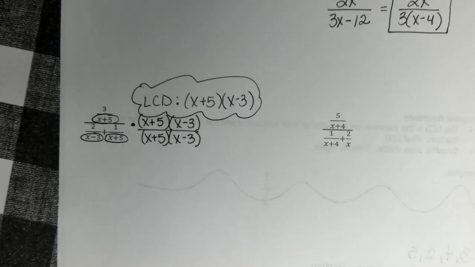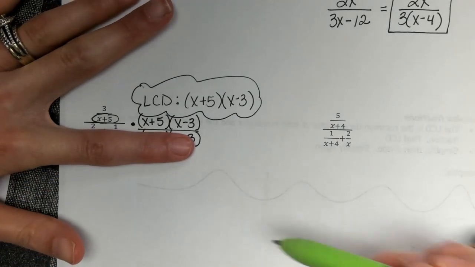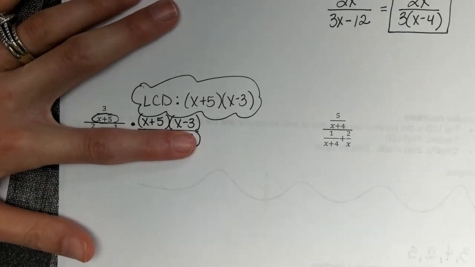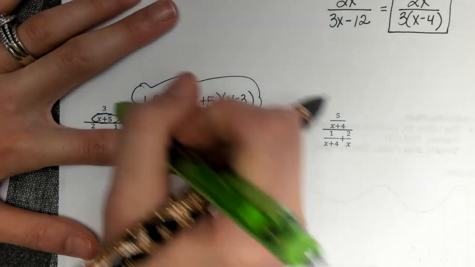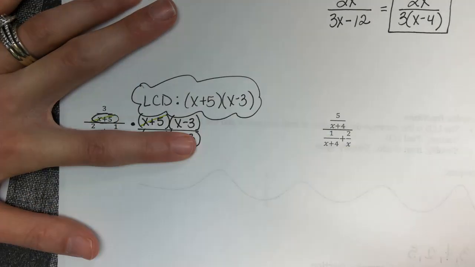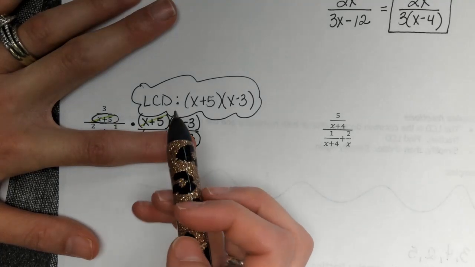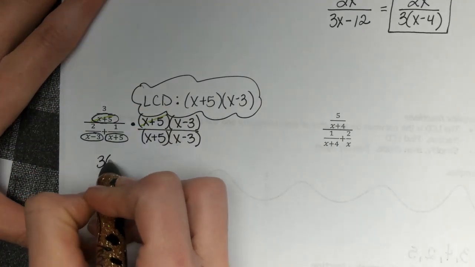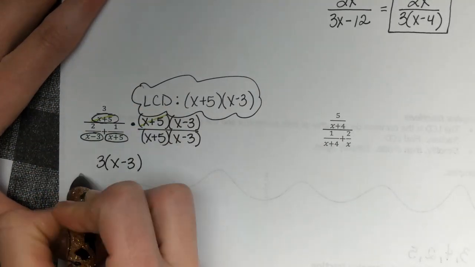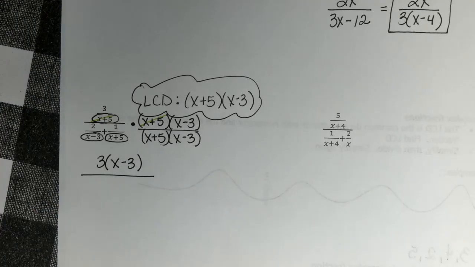Okay? So when I look at my numerator only, what's going to cancel? The x plus 5. So that leaves me with 3 times x minus 3. Yes? Y'all follow that? Okay.